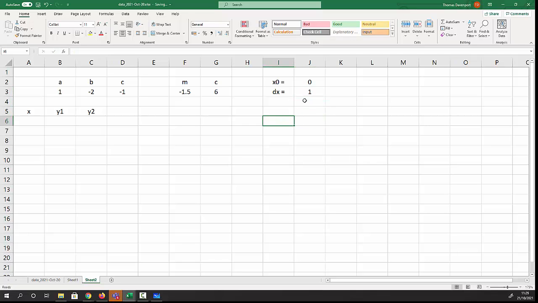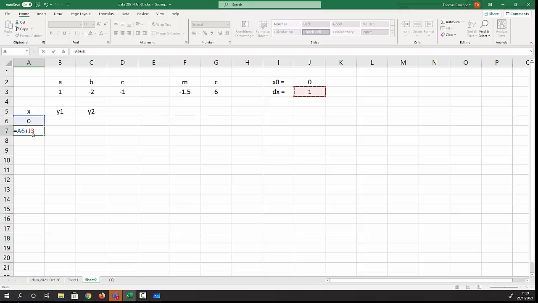Right, so if I go across to here, the first value is going to equal this value here. The second value is going to equal the previous value plus the change, and I need the dollar in there, so I'll put that in there. Right, now this equation I'm going to use the nested form, so this is the quadratic.